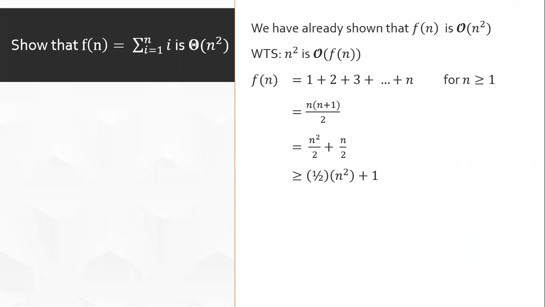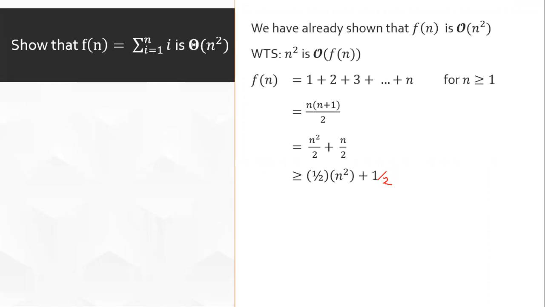Sorry, slight typo here. Get my pen. Should be a half. Right, because a half will be less than n over 2, because 1 will be less than or equal to n.